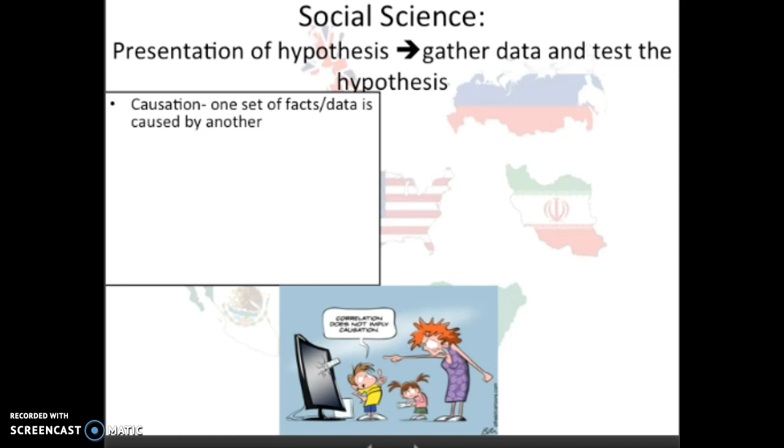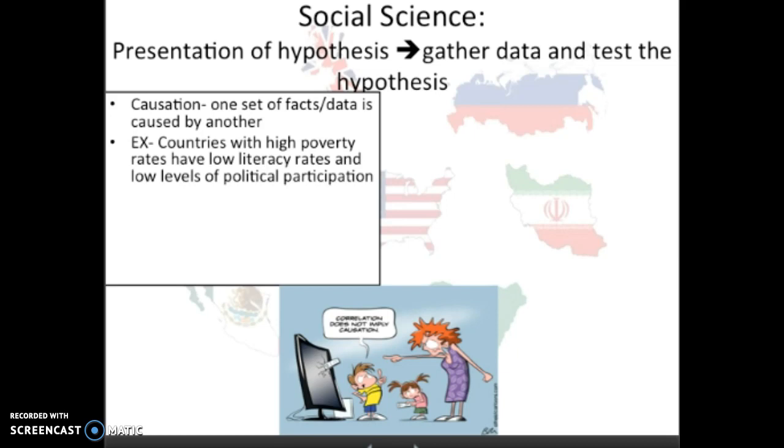Okay, so causation is when you can measure that one variable is dependent upon another variable, or one set of facts or data is caused by another. So you can look at it like this. Countries with high poverty rates have low literacy rates, and you can point to high poverty rates and see that they are poor because they don't have a lot of education, and they also have low levels of participation.